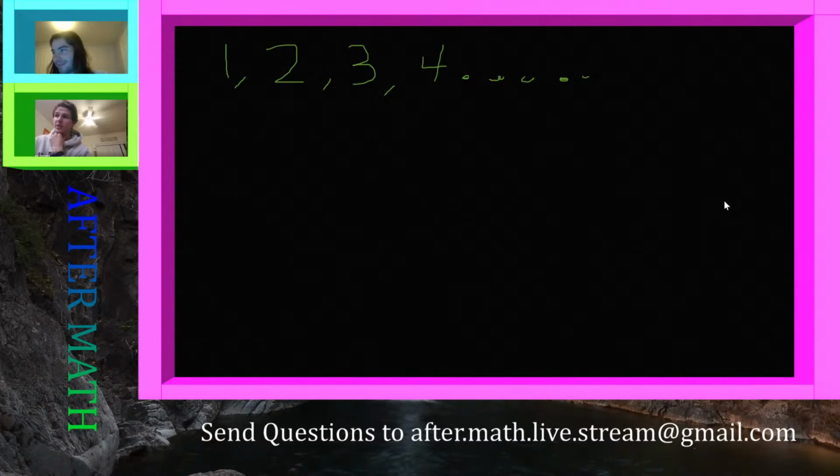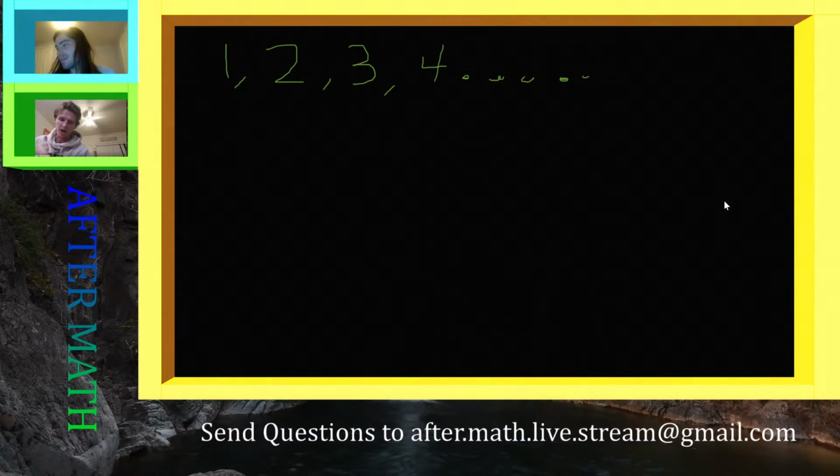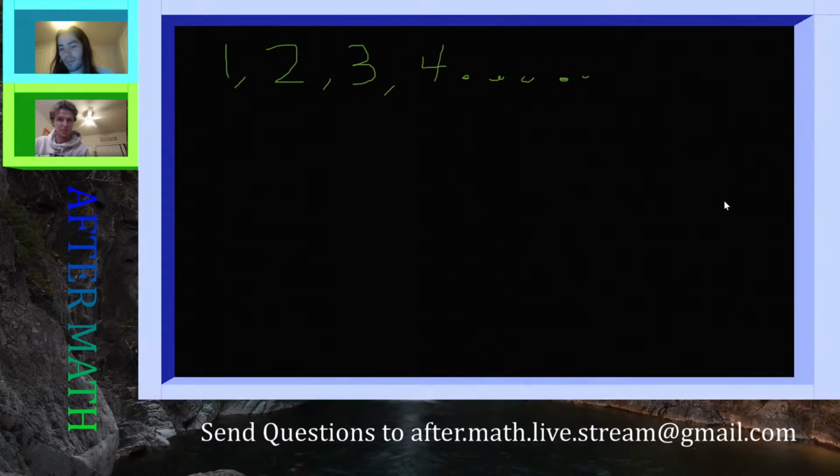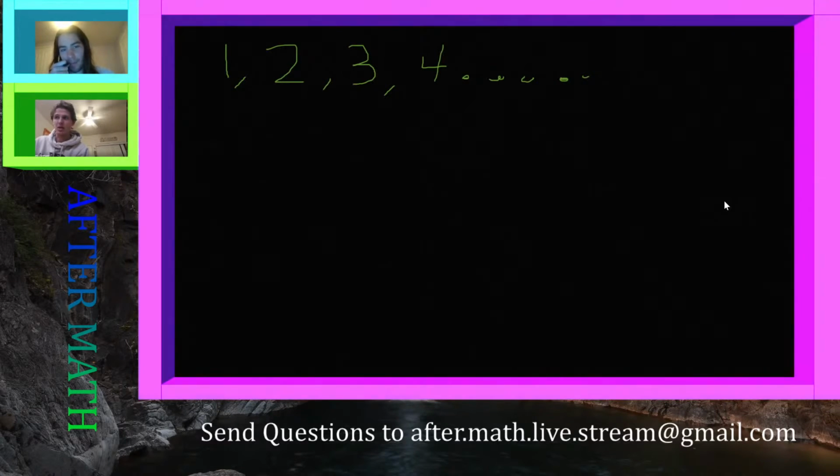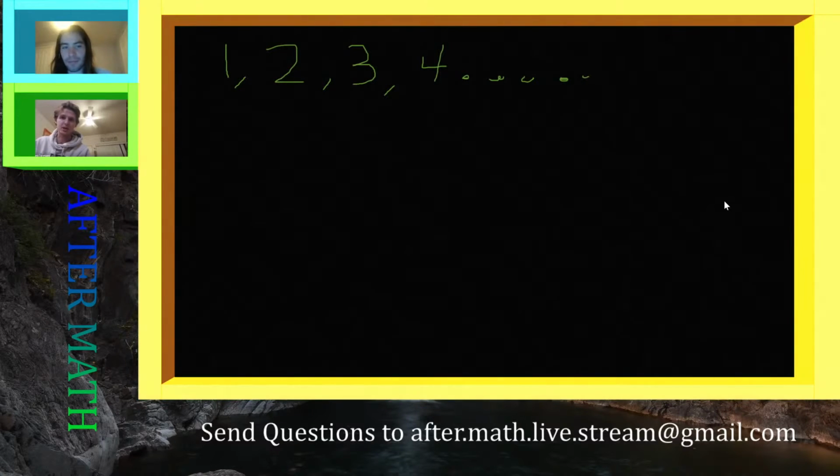Yeah, so how I think it would be beneficial to teach this is every natural number has a successor, meaning there's always a number after the one you just said. For example, the successor of 1 is 2, and the successor of 2 is 3, right?